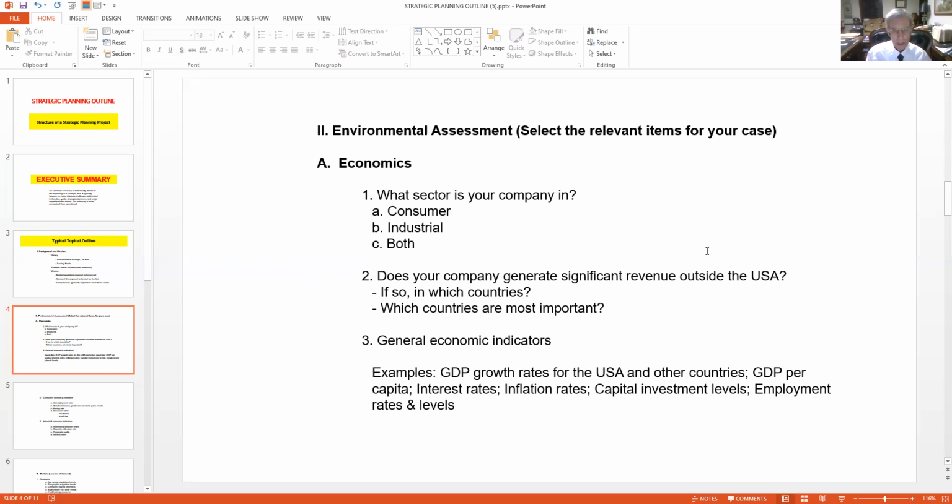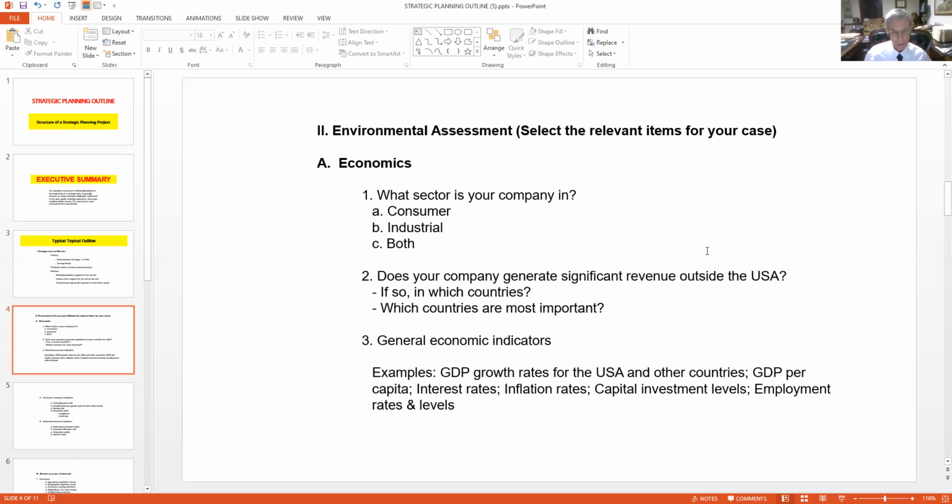Industrial, if your company is an industrial corporation, then there will be a lot of other variables to collect that you might not collect in the consumer sector. In the industrial sector, the industrial production level, the availability and costs of labor might be an illustration.